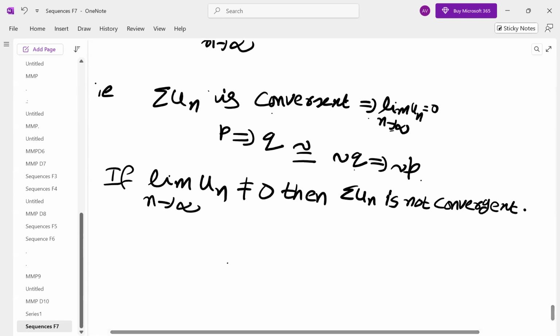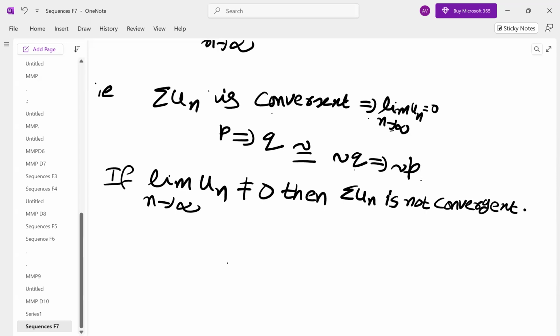Given any question, to know whether it is convergent or not, find out the limit. If the limit is not 0, then it is not convergent. If it is 0, don't conclude anything. No conclusion. Don't conclude convergent or divergent. You need to go to the next step.